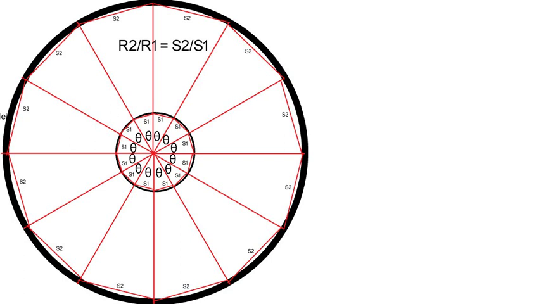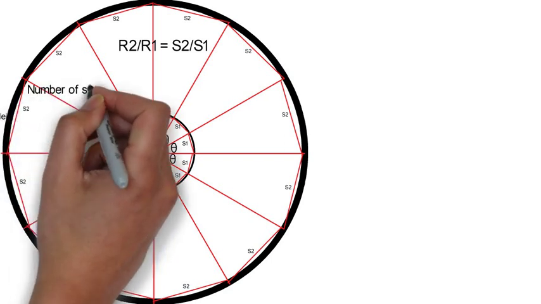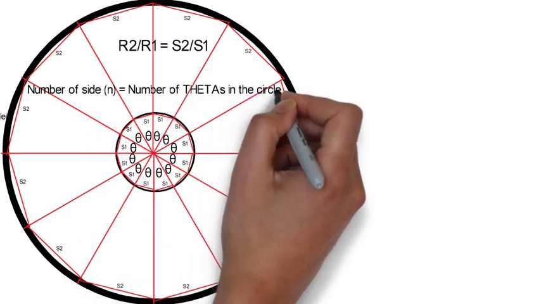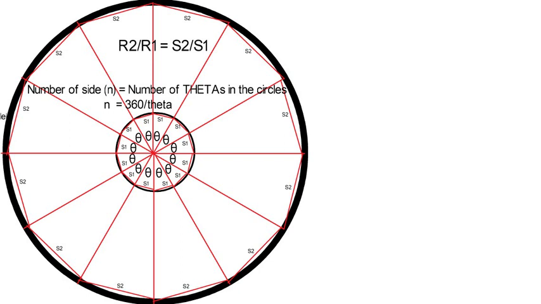The number of sides of these two polygons depends upon the angle of each sector, that is theta. Each theta corresponds to one side of S1 and S2 lengths in those polygons. Hence, the number of sides of those polygons will be equal to the number of thetas in the circles. That is, the number of sides n is equal to 360 degrees divided by theta.